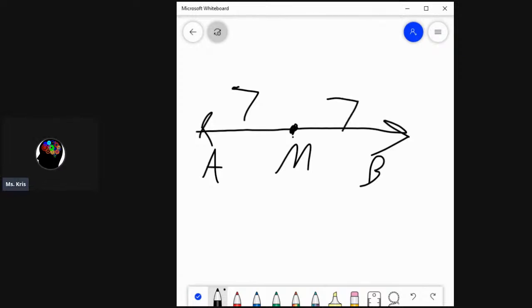Now, to get the midpoint, there are several things that you must keep in mind. One thing is, if there is a midpoint, that means ray AM equals ray MB.